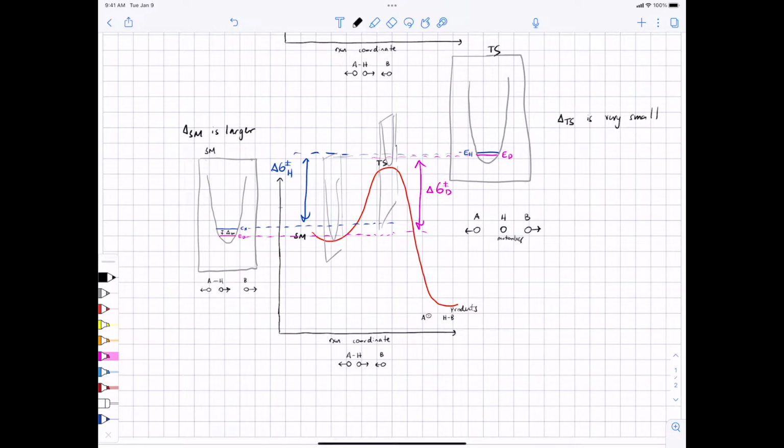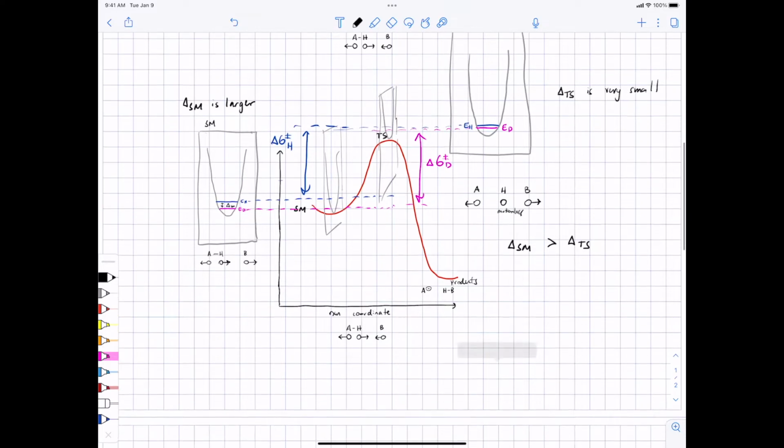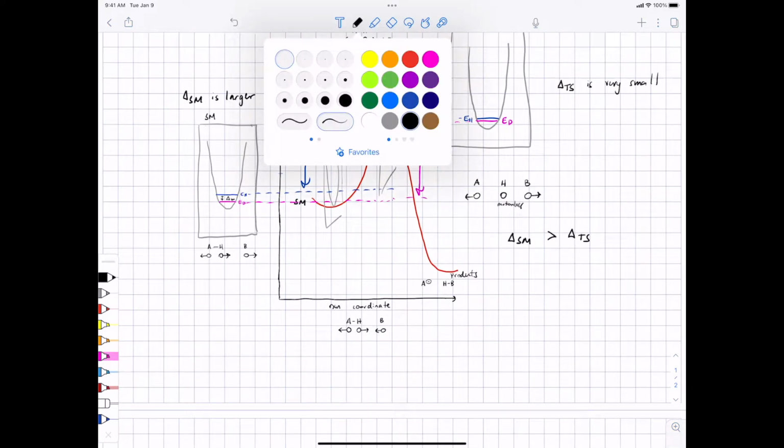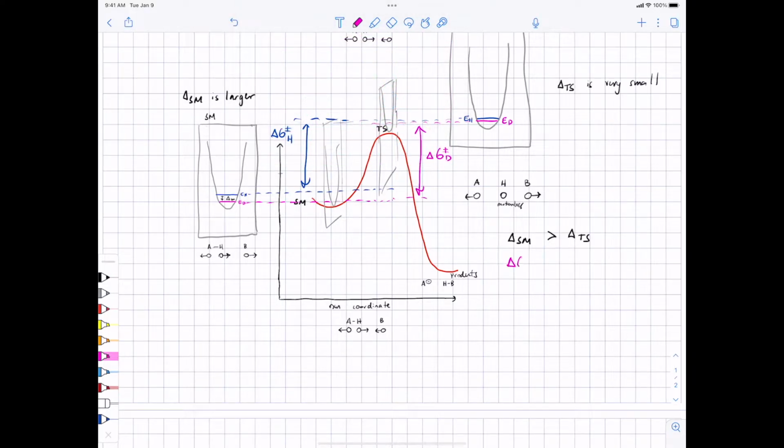and it relates to the fact that the difference between 0-point energies in the starting material is greater than the difference between 0-point energies in the transition state, and therefore necessarily the activation energy for deuterium must be greater than the activation energy for hydrogen.